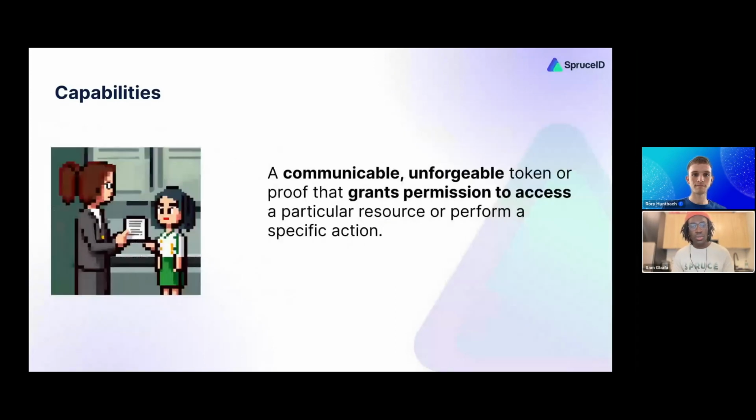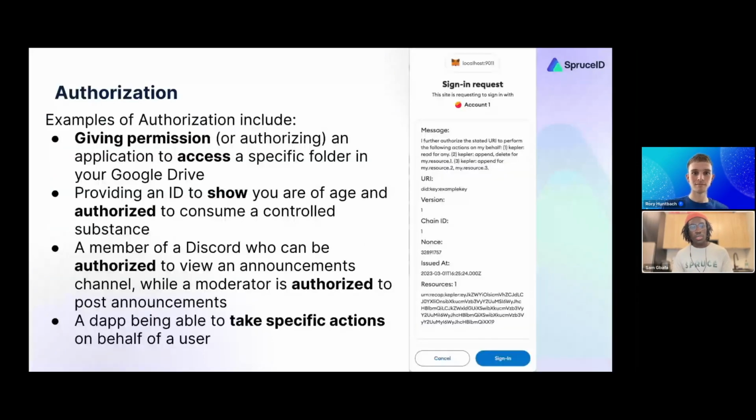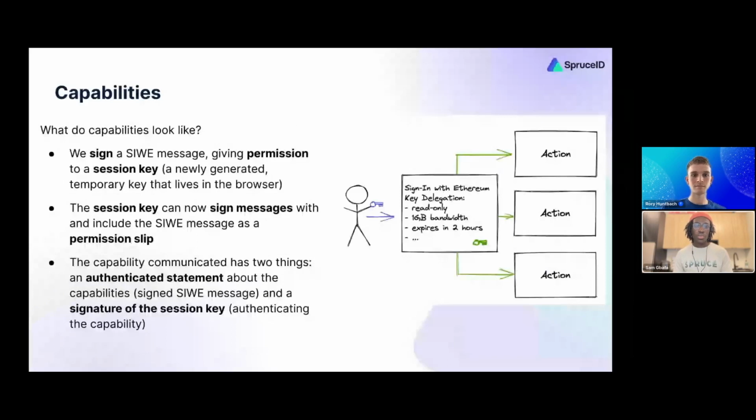When we sign the message, we can give permission to a session key, the key we just created, that can now take actions on our behalf. This session key can now sign a message and include this original message as a permission slip.